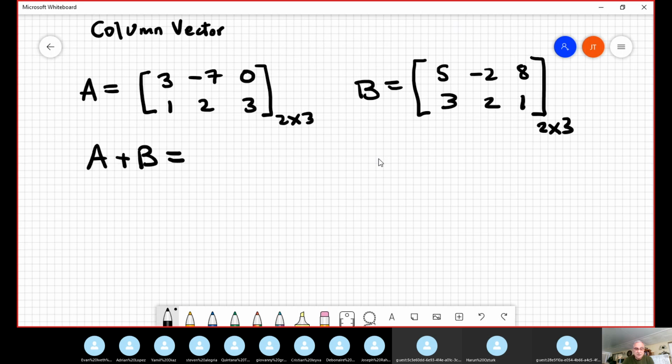Okay, A plus B is super easy because to perform A plus B, we need to have the same dimension. If the dimension is the same, you can do that.